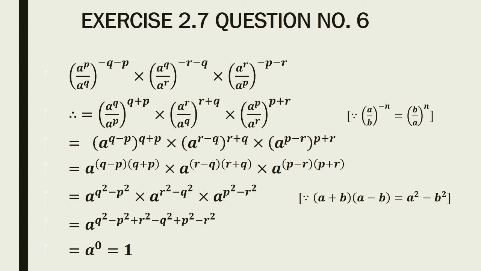So the bases are the same and the powers get added. So we get a raised to the power q squared minus p squared plus r squared minus q squared plus p squared minus r squared. So all the powers are getting cancelled out by each other. So the answer is a raised to the power 0, and that is always equal to 1.